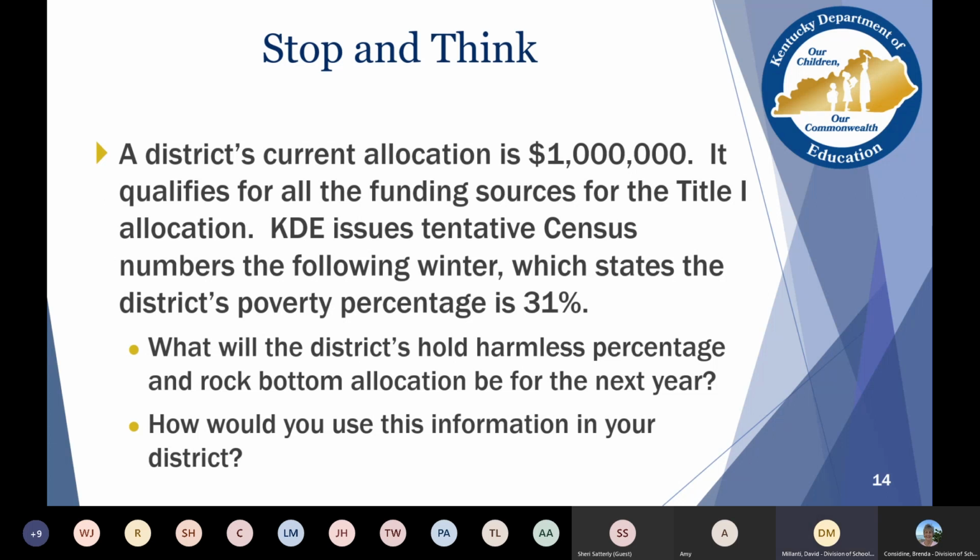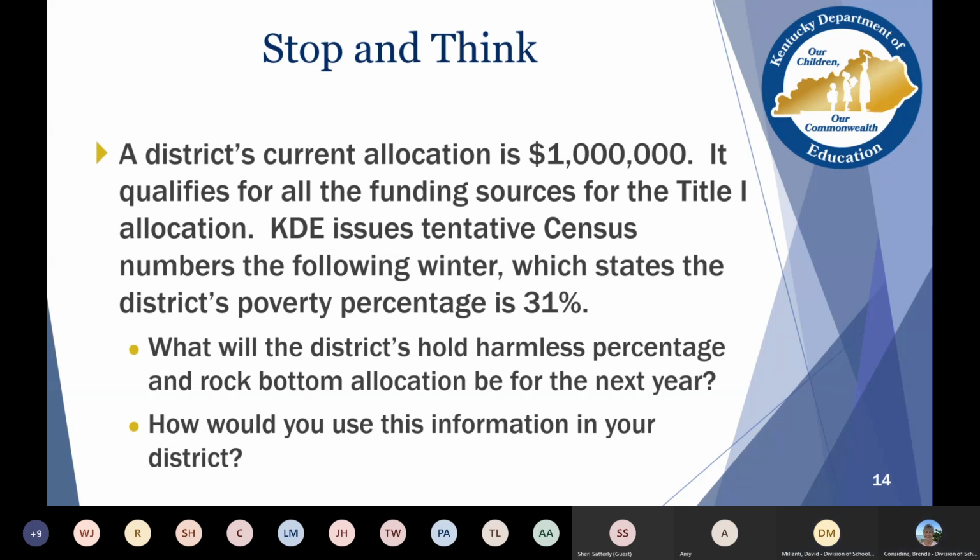So somebody said that in the text that the rock bottom dollar, the hold harmless amount in dollars would be $950,000, and that is correct. Okay. Their hold harmless percentage would be 95%. Right.